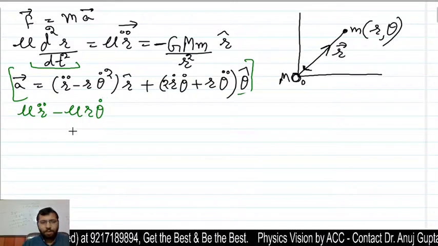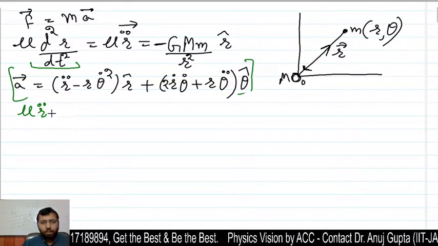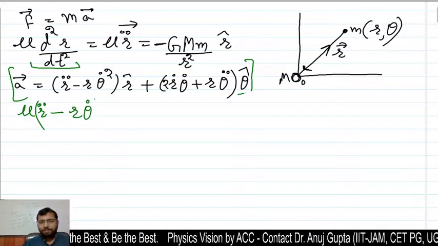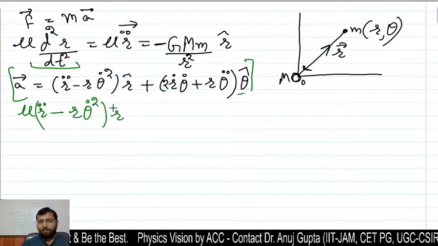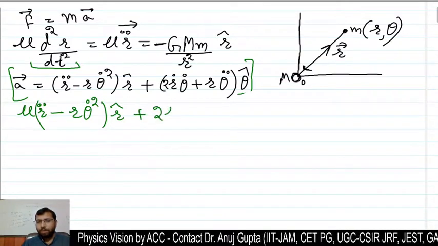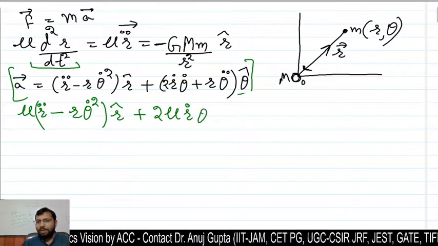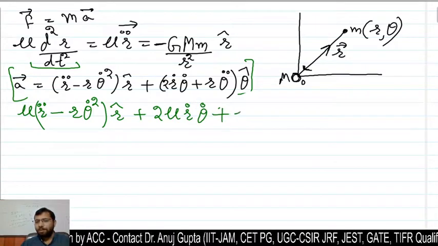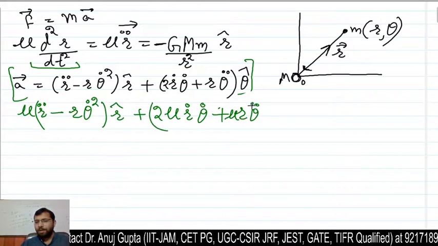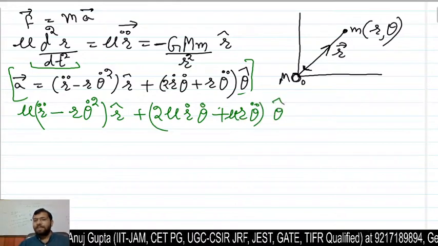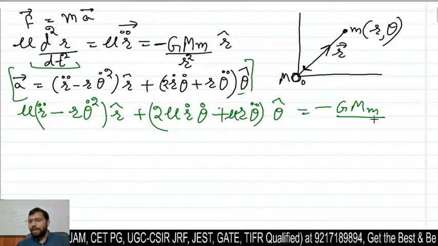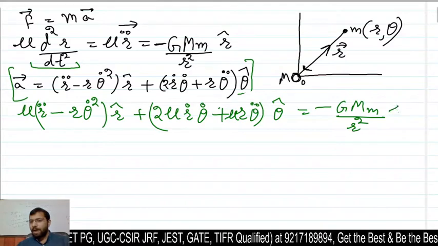I think we need not put mu separately, and we can write it in this way. It's better to write it in this way. Plus 2 mu r dot theta dot, now I am multiplying it, plus r theta double dot, mu will also come, theta cap, this is equal to only one factor, minus GM by r square r cap.